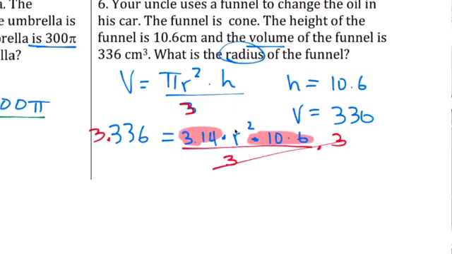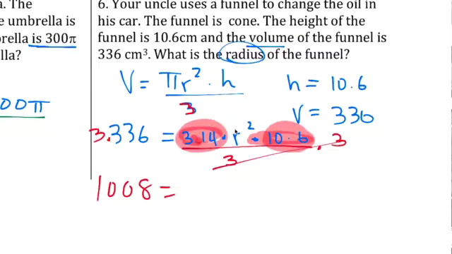Okay, let's do that. 336 times 3, you get 1008, equals, you multiply these two here, 10.6 times 3.14.